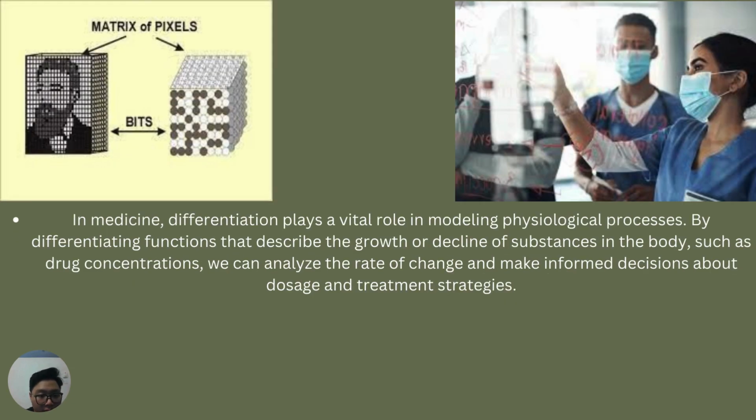Besides that, in medicine, differentiation plays a vital role in modeling physiological processes. By differentiating functions that describe the growth or decline of substances in the body, such as drug concentrations, we can analyze the rate of change and make informed decisions about dosage and treatment strategies.